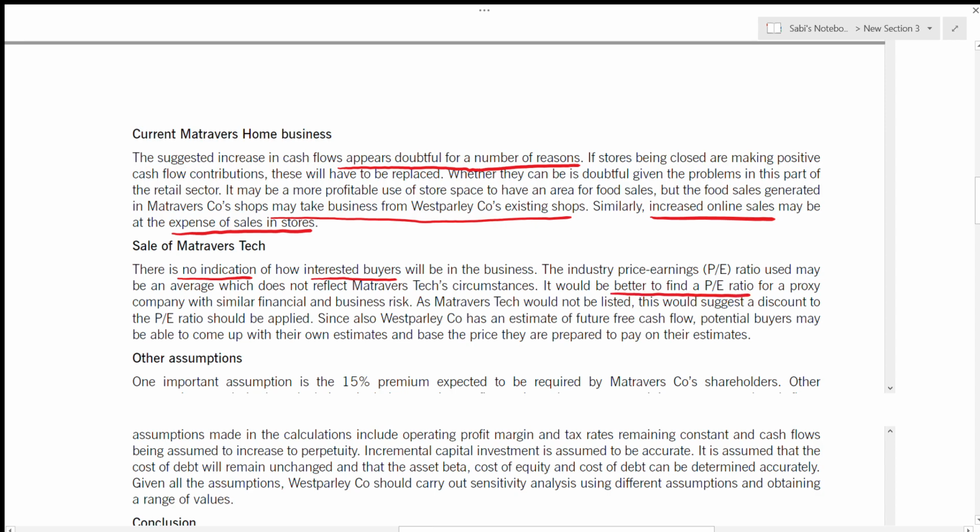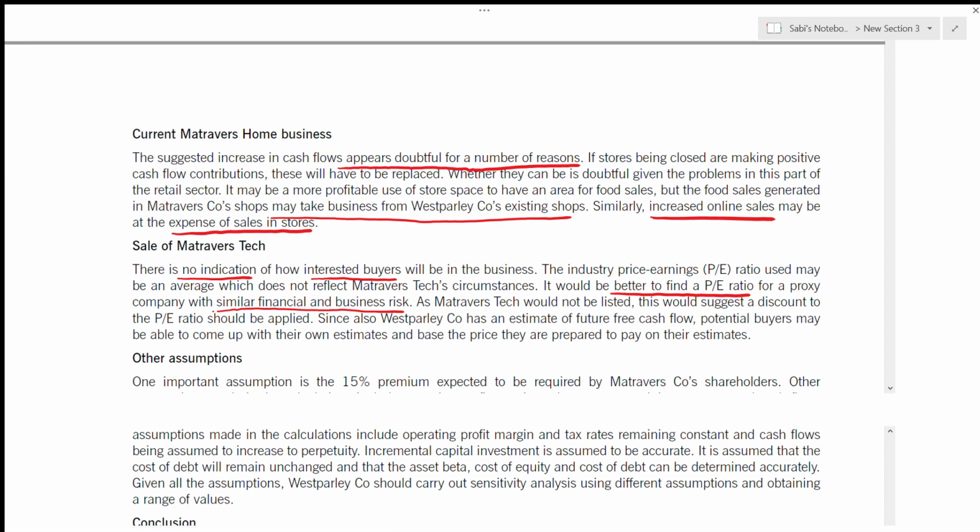Now you're also giving some recommendation of what it needs to do. So they are saying to find a PE ratio for a proxy company with a similar financial and business risk. Some company which is similar to Matt Trevor's Tech.